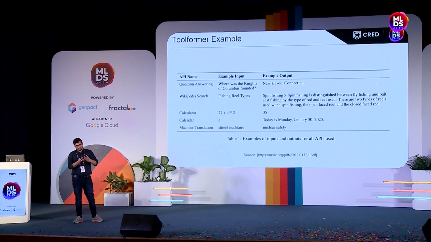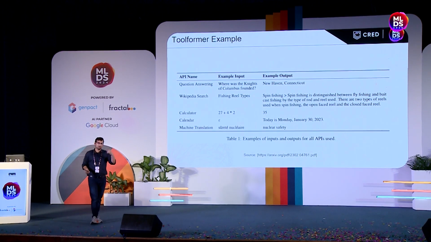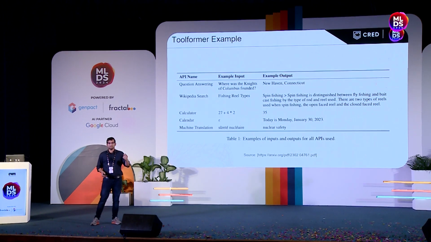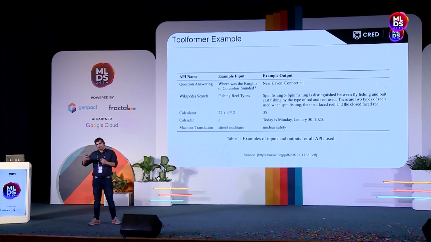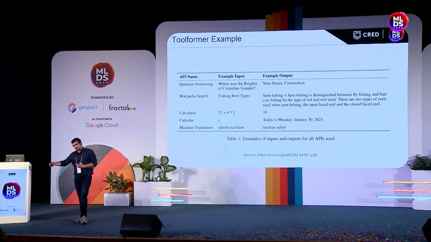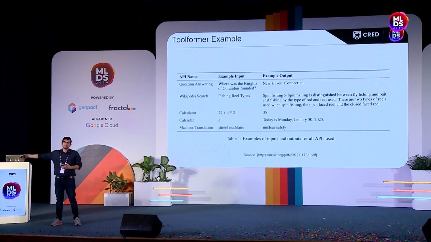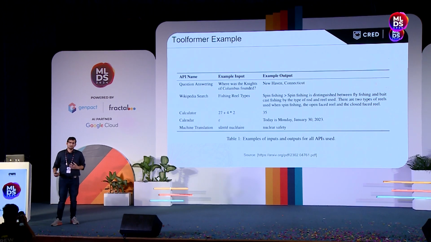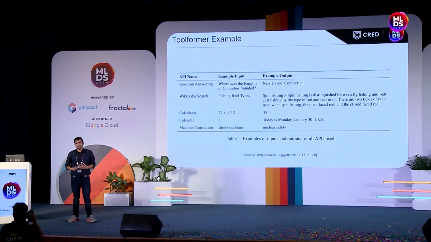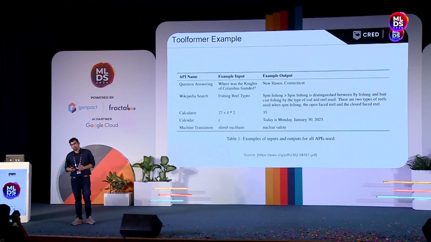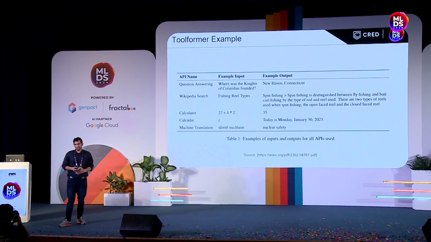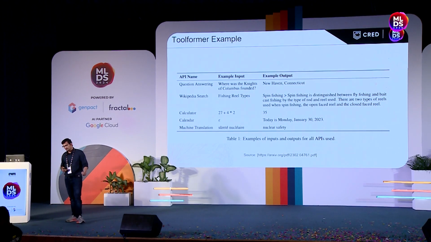So let's say you have some output that needs to be generated, it might be that you have to first call a Wikipedia search or Google search, get some inputs, use that input to get some calculations done, and then use that calculation along with, say, machine translation to get the final output. These are a series of steps that are not predefined, and Toolformer enables this so that you don't need to input anything except the initial input that you're giving.